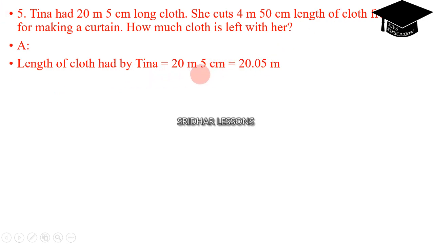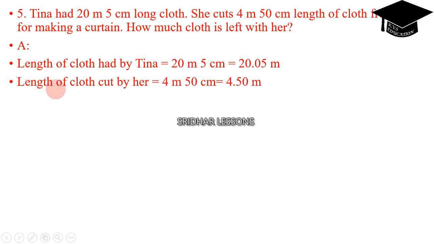If we convert this into meters for unity, 20.05 meters. Okay. Next, length of cloth cut by her is equal to 4 meters 50 centimeters, that is 4.5 meters. Okay, or we can call it 4.50 meters.